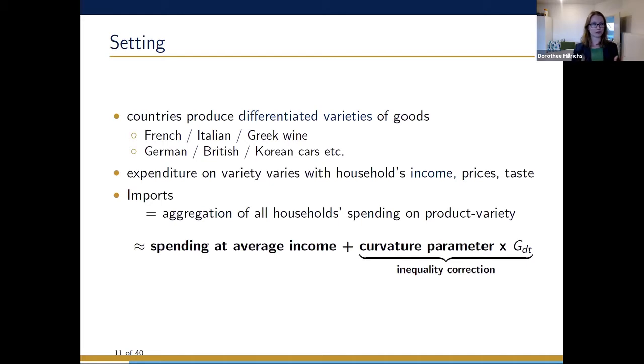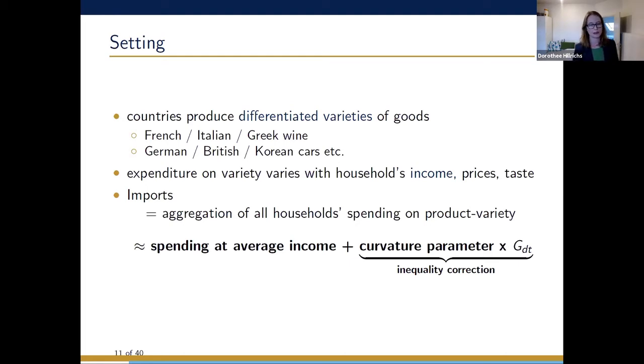But then moving from the consumer to the country, and from the expenditure of one person to imports of the country, we just have to realize that imports are just the sum of the expenditure of all households on these different product varieties, on the French wine and the Greek wine, etc.